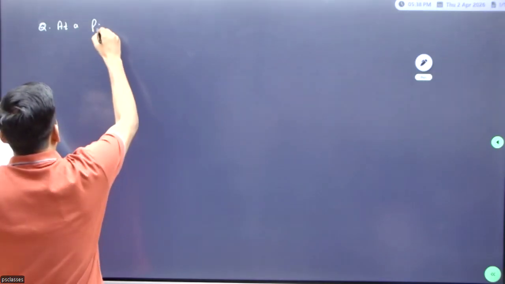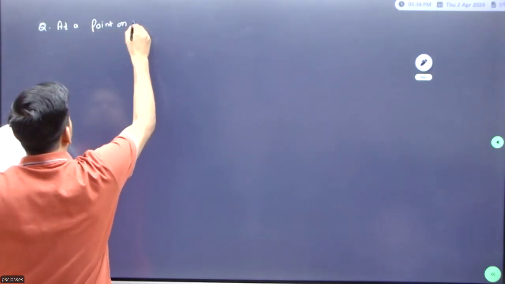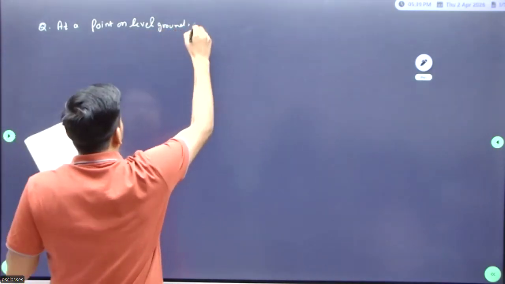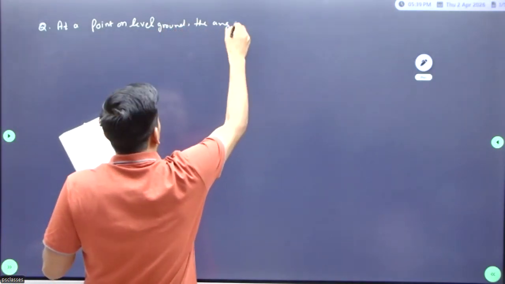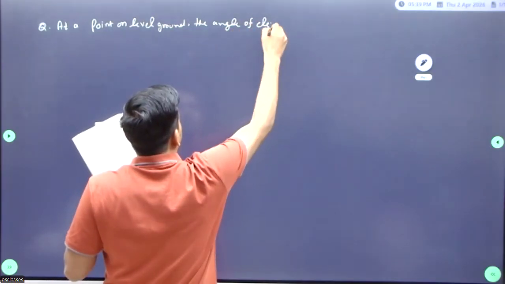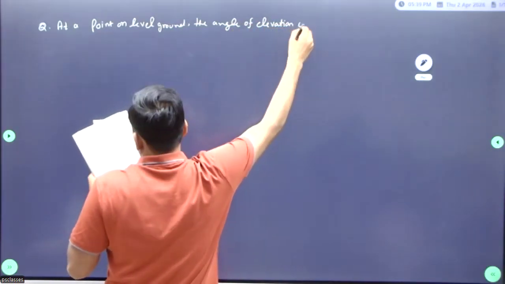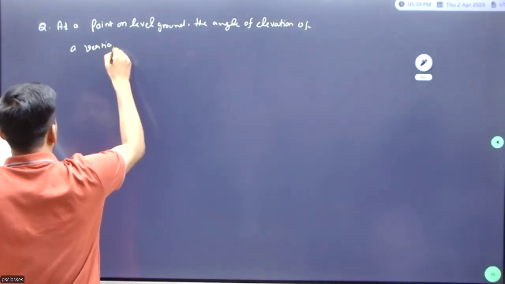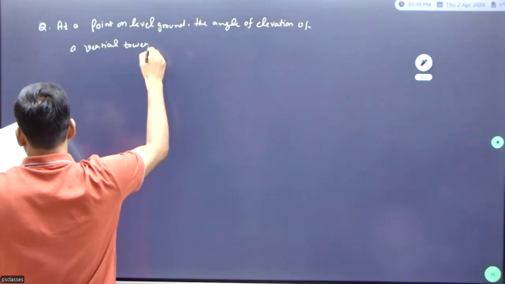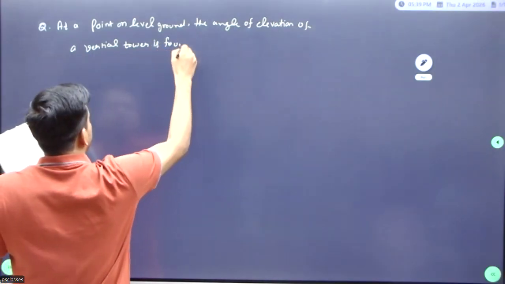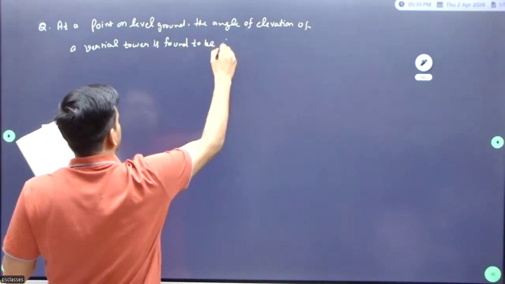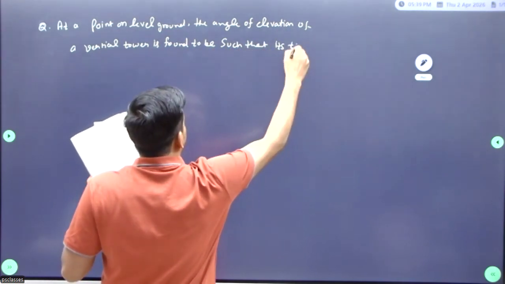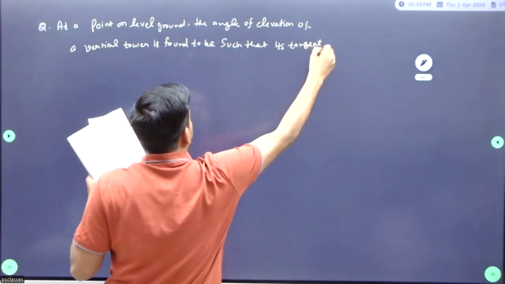At a point on level ground, the angle of elevation of a vertical tower is found to be such that its tangent is 5/12.